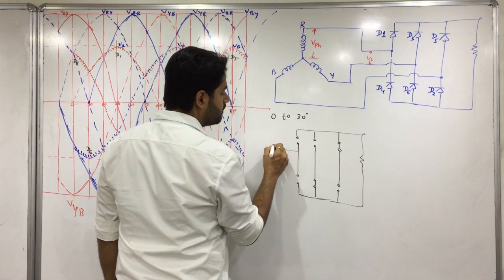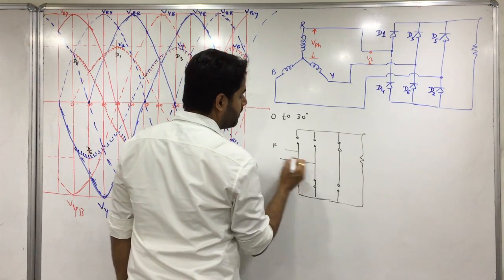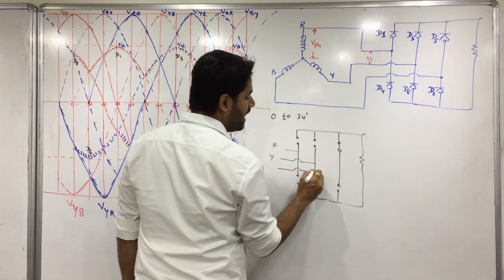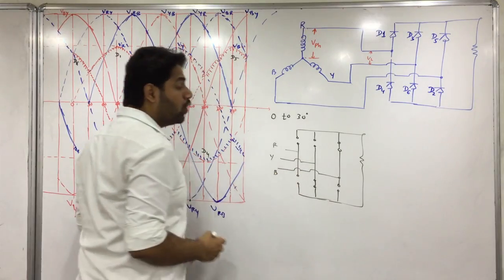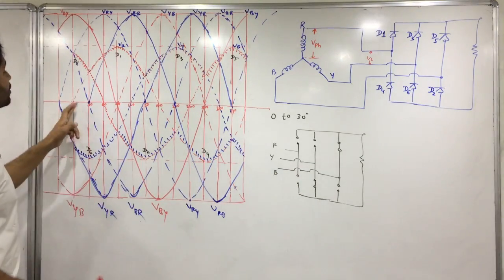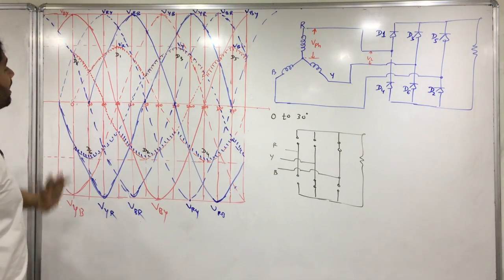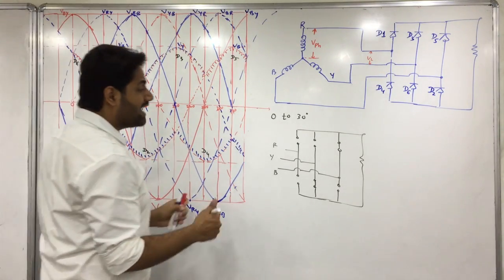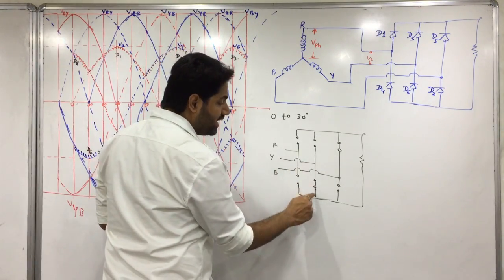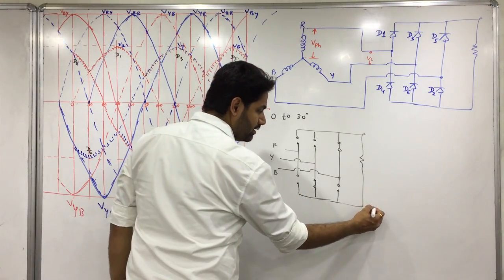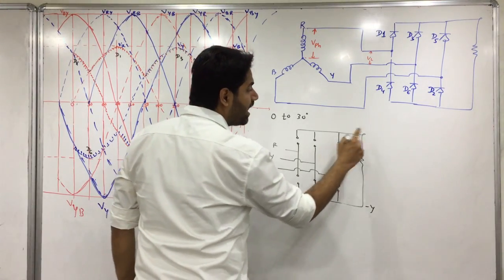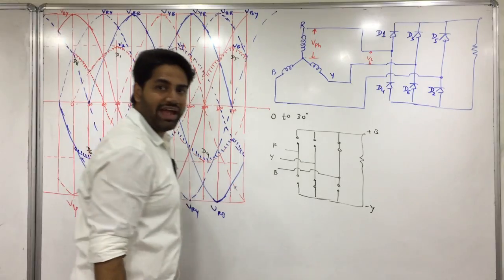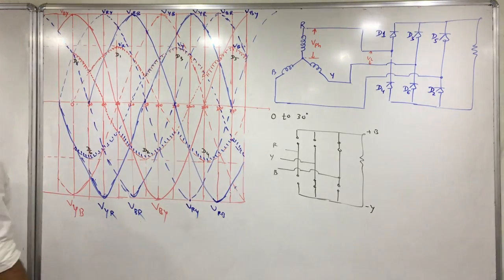This is my R, this is my Y, this is my B. So when we talk about 0 to 30 degree, over here in my omega t axis right now, what is happening? Y is becoming negative and B is becoming positive.